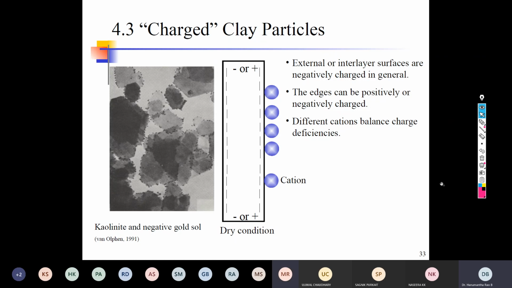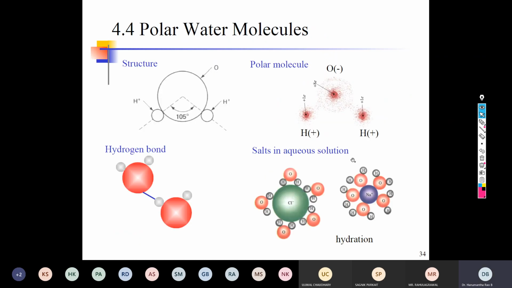Sir, because chemical reactions are involved when the clay particle is formed. No chemical reactions. No. Chemical, that part we will come to.